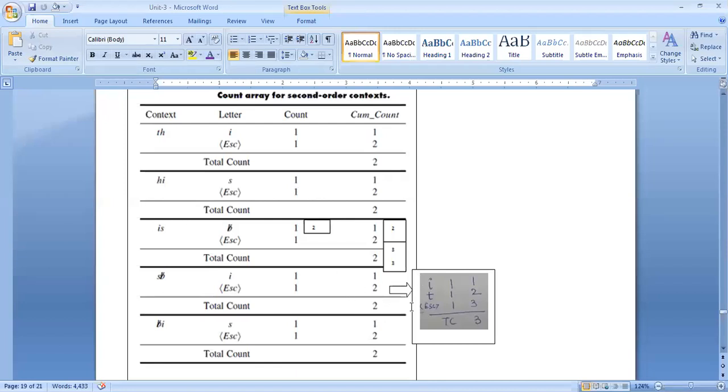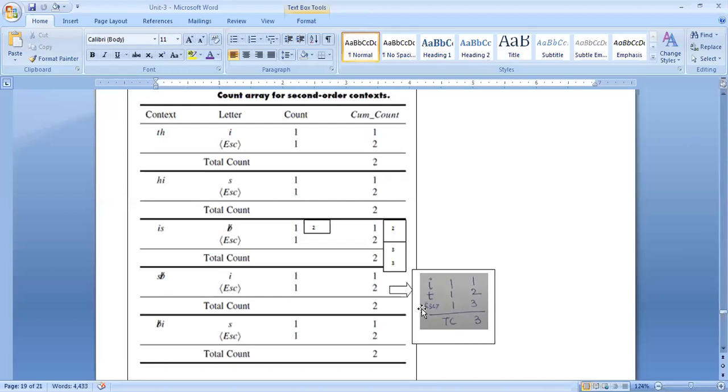We again add T because we find the symbol T, for which the context is SB cross. But in the second order context, there is no existence of T for the SB cross context.